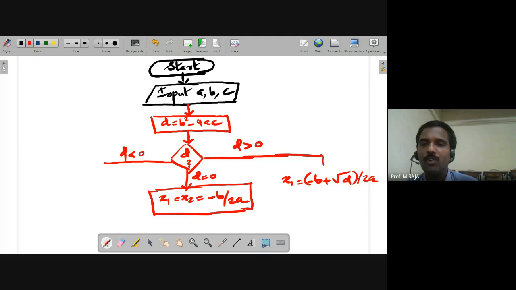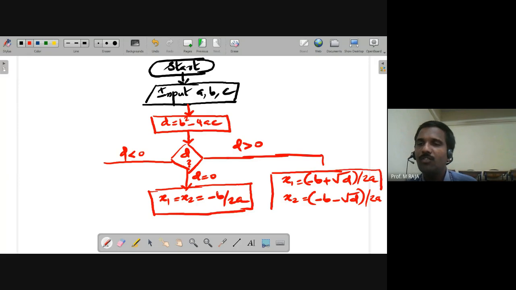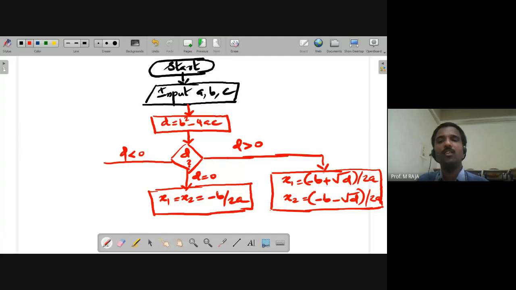And x2 is equal to minus b minus square root of d by 2a. These are the computational statements. I have written the computational statements in a single rectangular box. This is the flow when d is greater than 0.